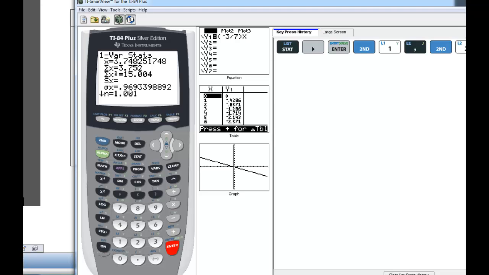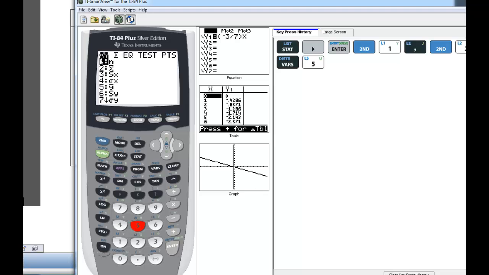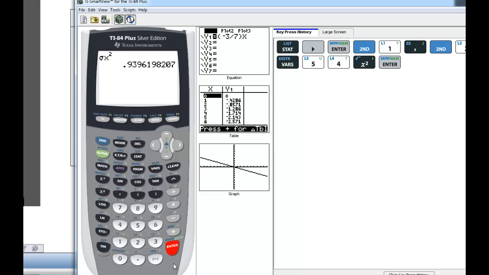If I wanted to get the variance, then what would I do? Square that, okay? So you could go to stat, go to VARs. Number 5 is statistics. Okay, that was sigma there. And so we're going to square that to get our variance of 0.9396.